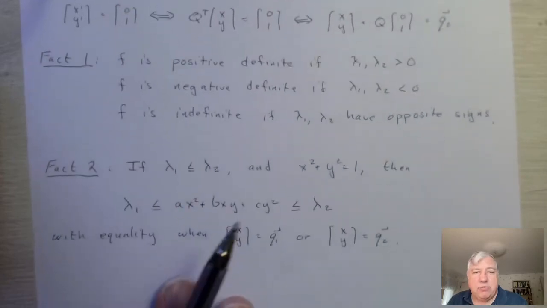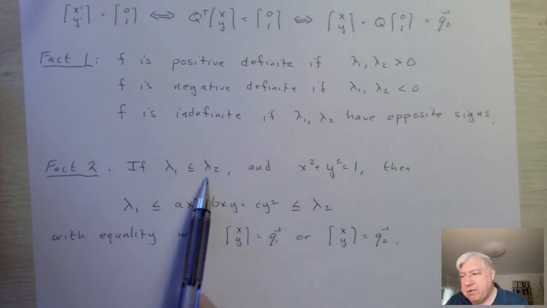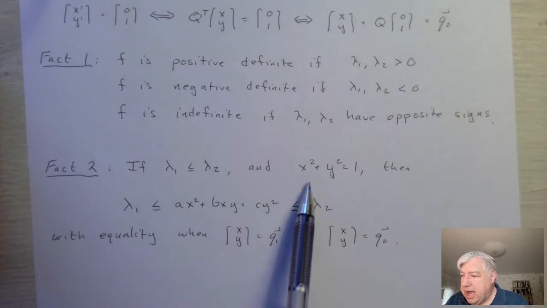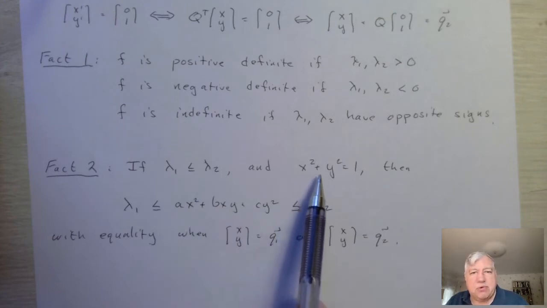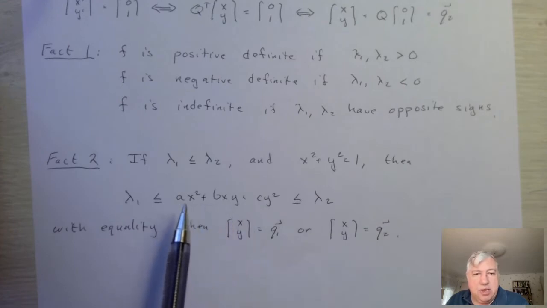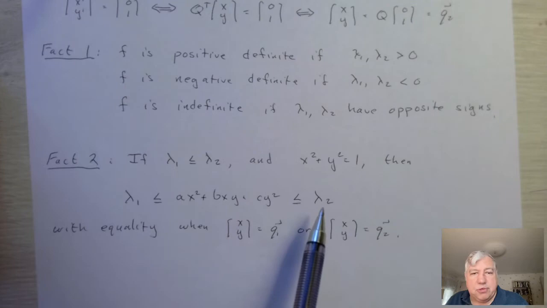We get a bound. Remember, lambda 1 and lambda 2 have to be real, so one's going to be bigger than the other. So let's say lambda 1 is less than or equal to lambda 2, and we have the constraint that x squared plus y squared equals 1. Then this expression is always bounded between lambda 1 and lambda 2.